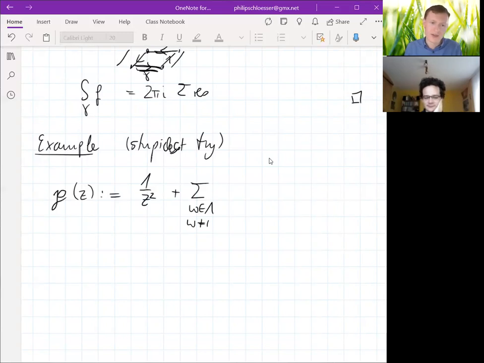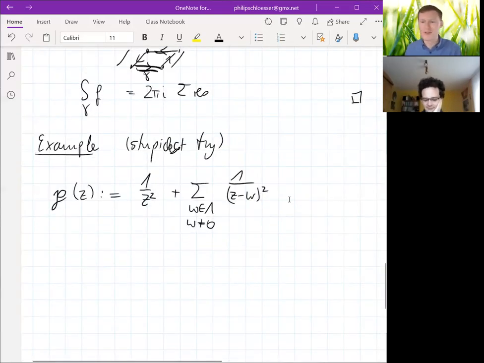I guess we have already included 0. 1 over z minus w squared. Okay, so we have forcefully made this function doubly periodic. It has a double pole. So nice, right?